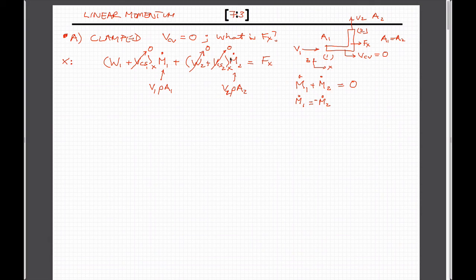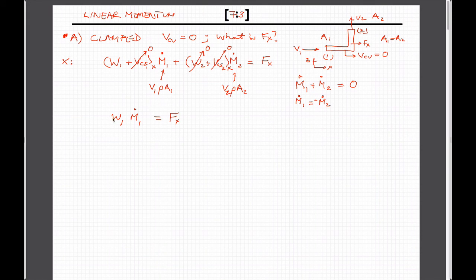So this is the velocity in the x direction at this point, so this has to equal 0 as well. And so we're left with an expression which, if we write it out in longhand, the only term we have left is W1 mass flow rate 1 is equal to the force in the x direction.